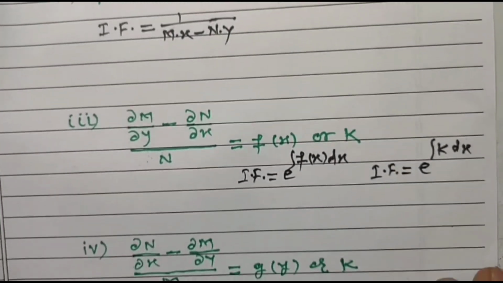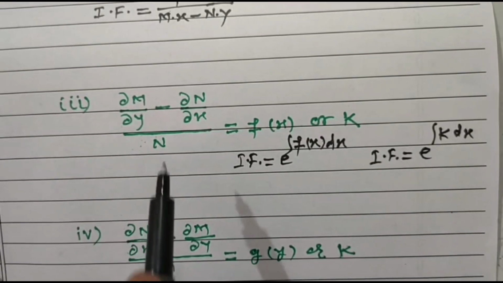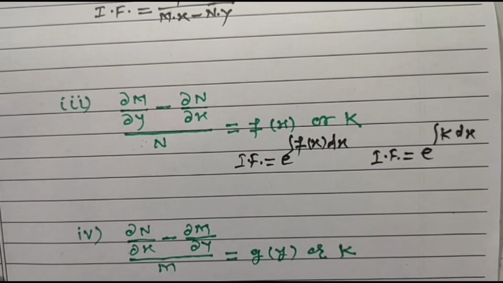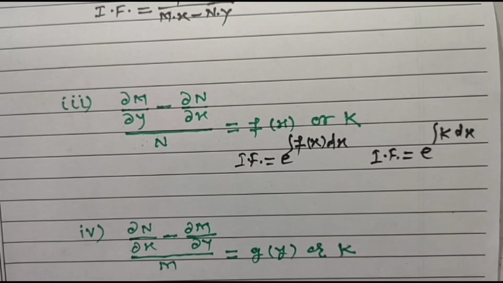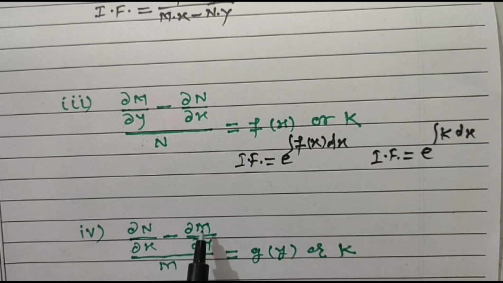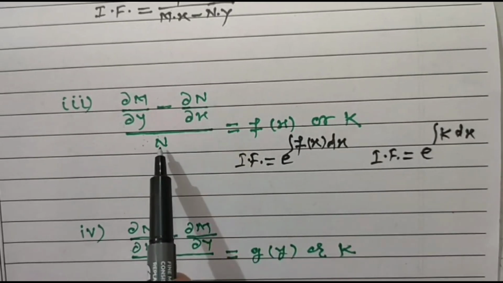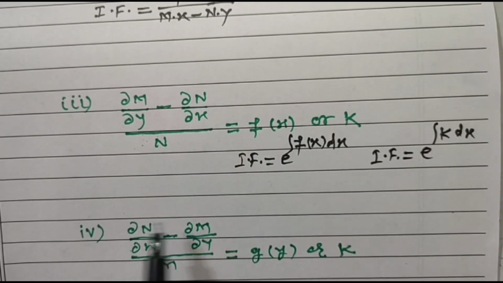And now case number 4. Case number 3 and case number 4 you can solve simultaneously. In case number 4, we have to find out this ratio: partial derivative of n with respect to x minus partial derivative of m with respect to y divided by m. This m is from here and this n is from here. Okay, suppose this ratio is a function of y only.